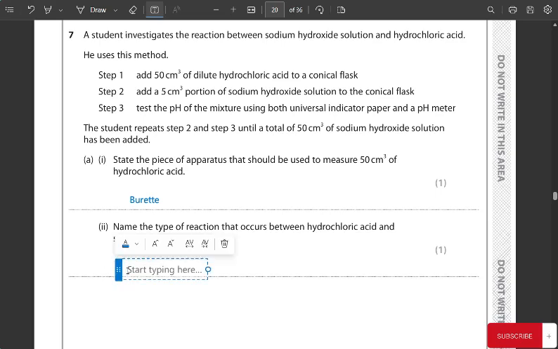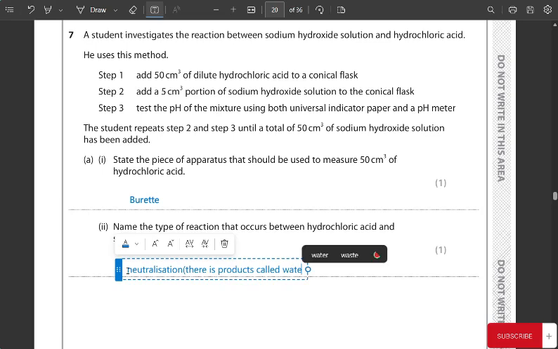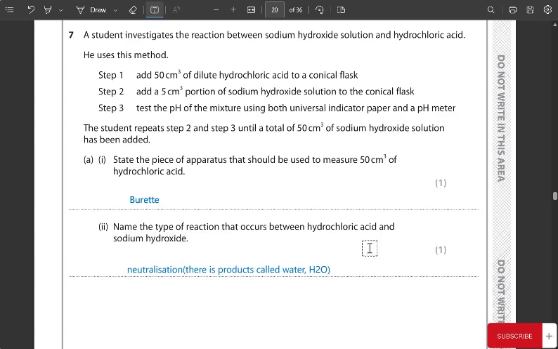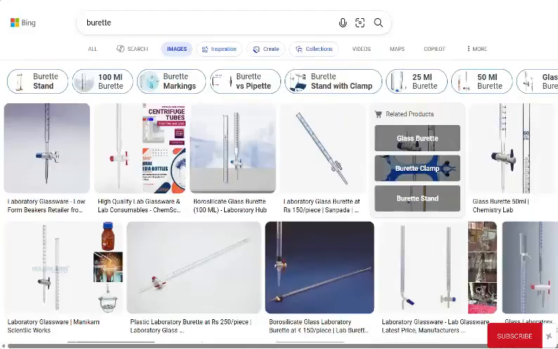If the acid and the alkali react, the reaction is called neutralization because there is a product called water, H2O. For those who don't know what a burette is, this is the burette.